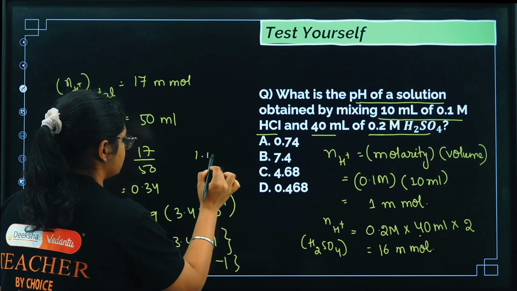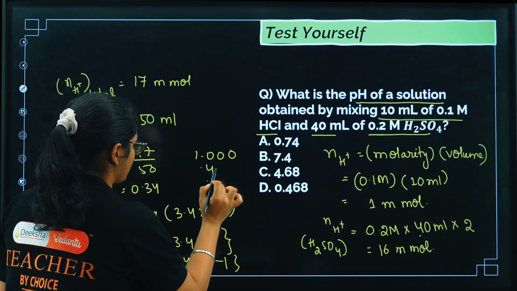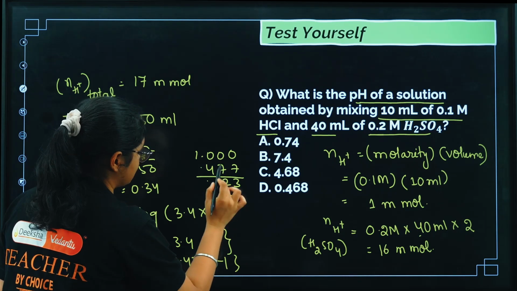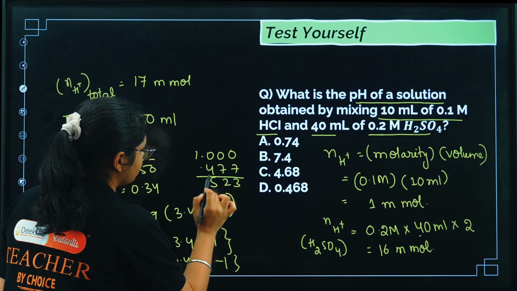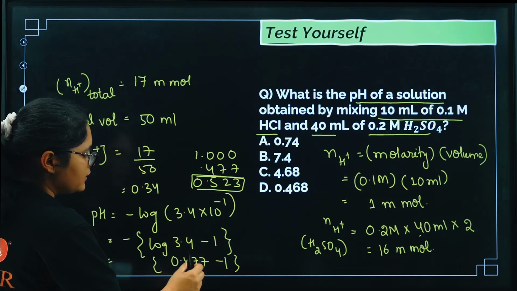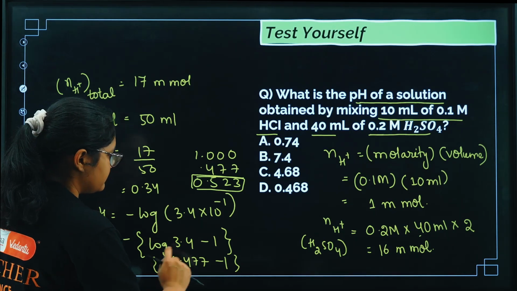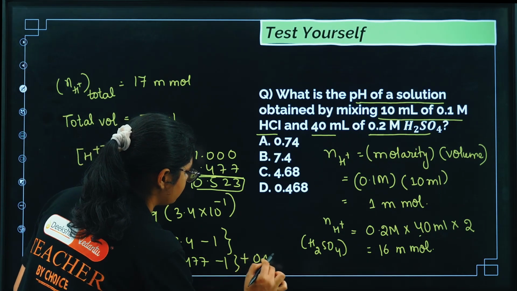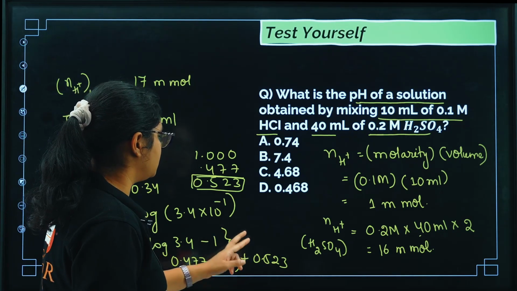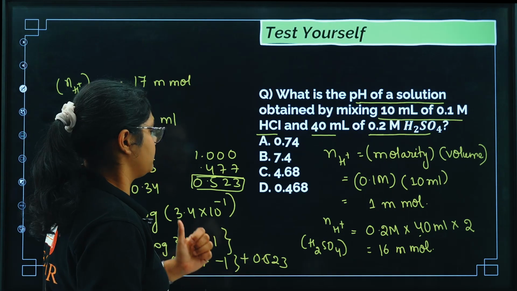So 1.000 minus 0.477 will be 0.523. It will be a little lesser than that. But you can see the answer should be nearer to 0.523.